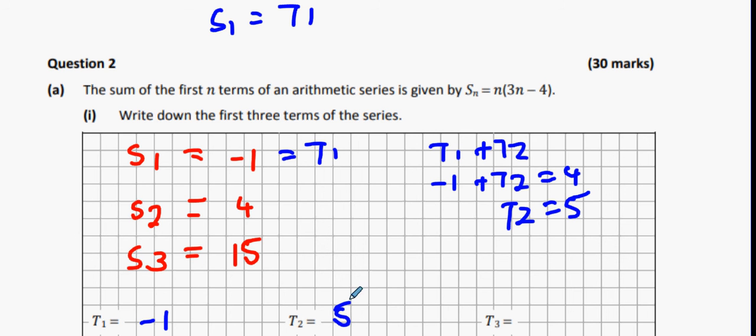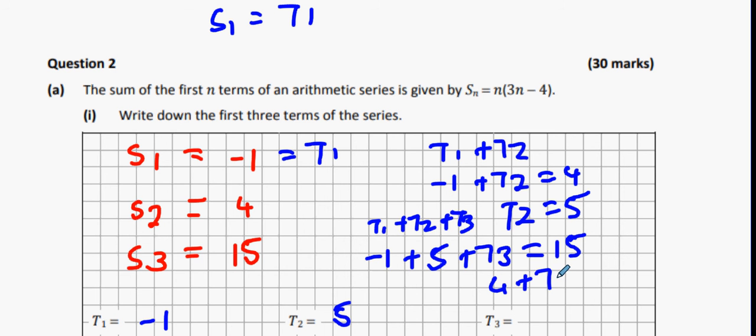And finally, S3 is T1 plus T2 plus T3, so minus 1 plus 5 plus T3 equals 15. That's 4 plus T3 is 15, so T3 must be 11.